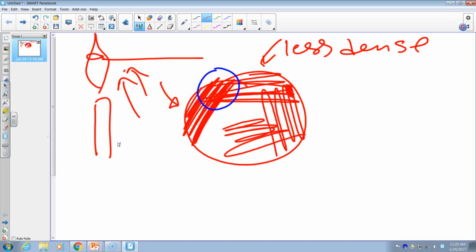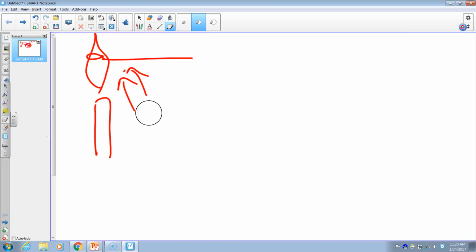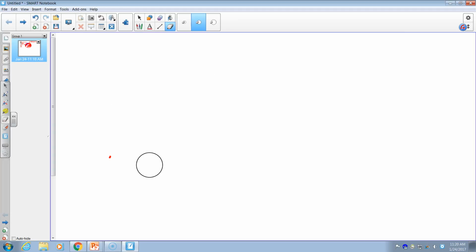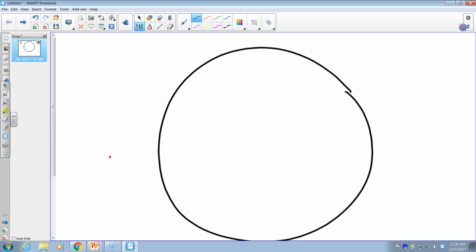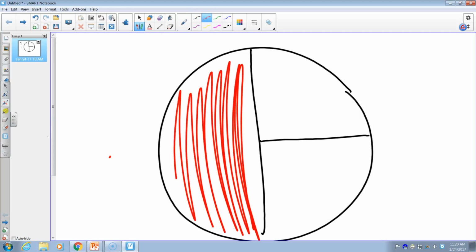For better guidance, to make it even easier, when we do the streak plate isolation, you can do this. This is the plate. You can separate it like this. So this is your first round of inoculation. It's going to be very, very dense.